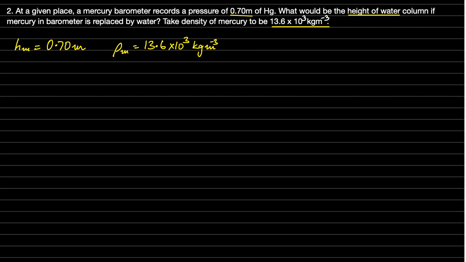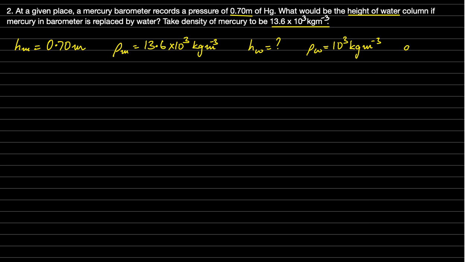After this, height of water, that is H w, we need to find out. And here, density of water, we are supposed to remember that is 10 to the power of 3 kg per meter cube.